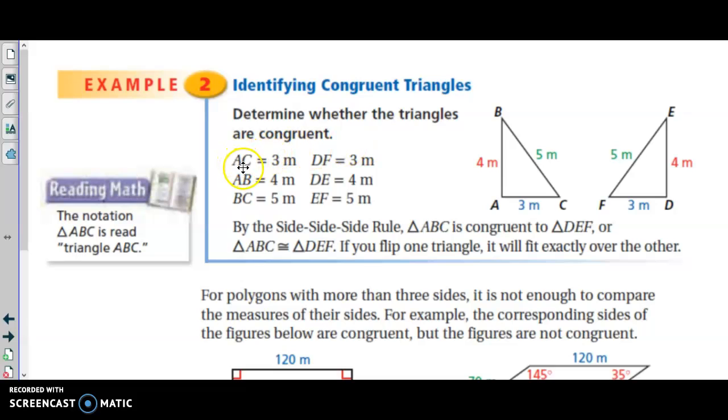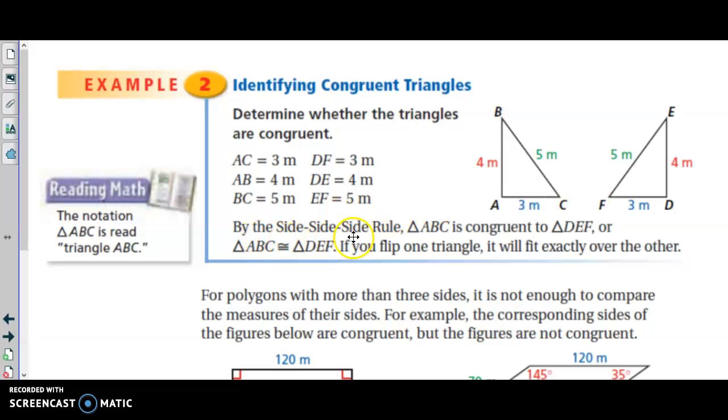So here we're given side length AC. AC measures 3 meters. AB measures 4 meters. BC measures 5 meters. In what looks like a similar triangle that's been reflected, we have side length DF, which is 3 meters, DE, which is 4 meters, and EF is 5 meters.